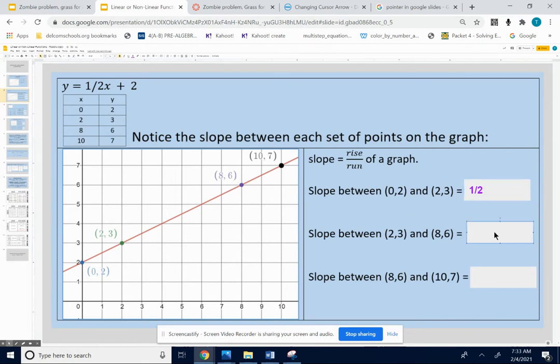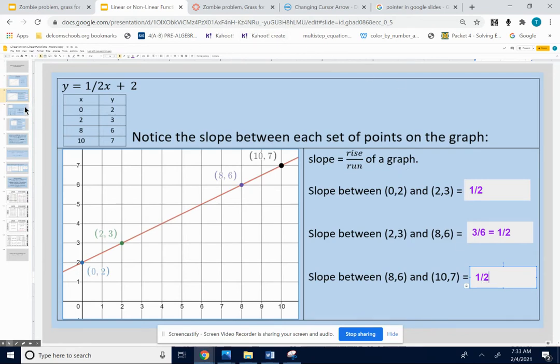So that'd be rising 3, running 6. Now that reduces to 1/2. Between (8, 6) and (10, 7), it's still the same. Up 1 over 2. Rise 1, run 2. So no matter where you find your slope on a graph, it's always the same. You may have to reduce, but it's always the same.